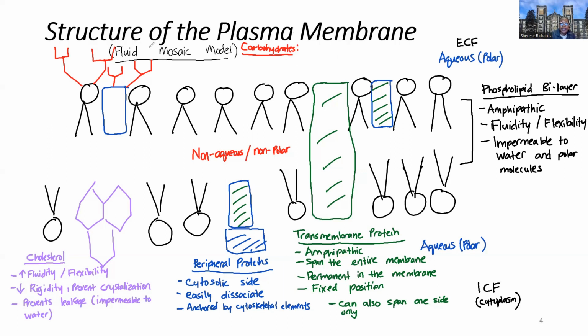So they're going to extend on the extracellular surface or extracellular leaflet of the membrane, not necessarily the intracellular leaflet. And the reason for that is because they help with cell identification, cell tagging, and cell signaling.